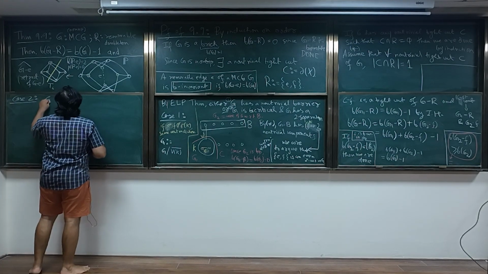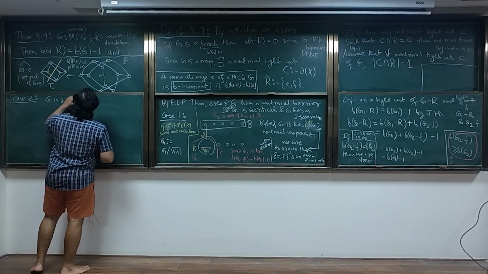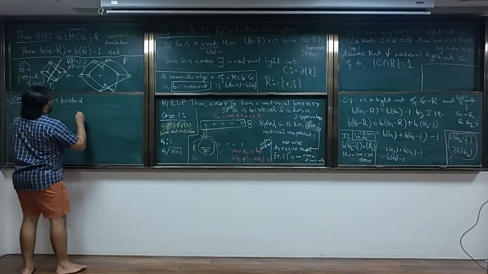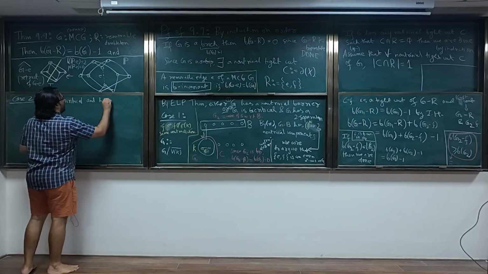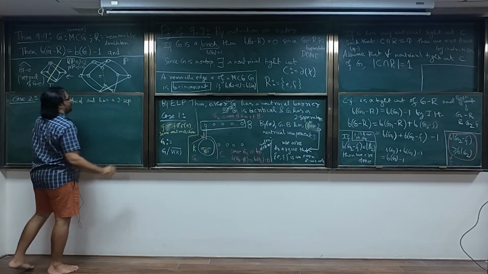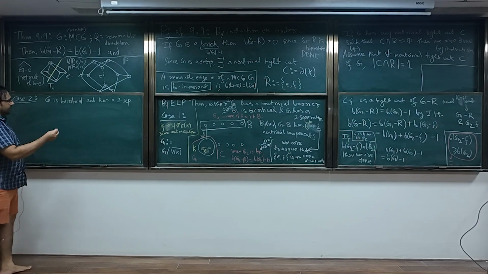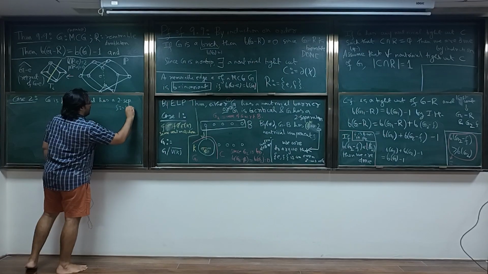The graph G is bicritical and has a two separation. Let's consider any two separation S, UV.